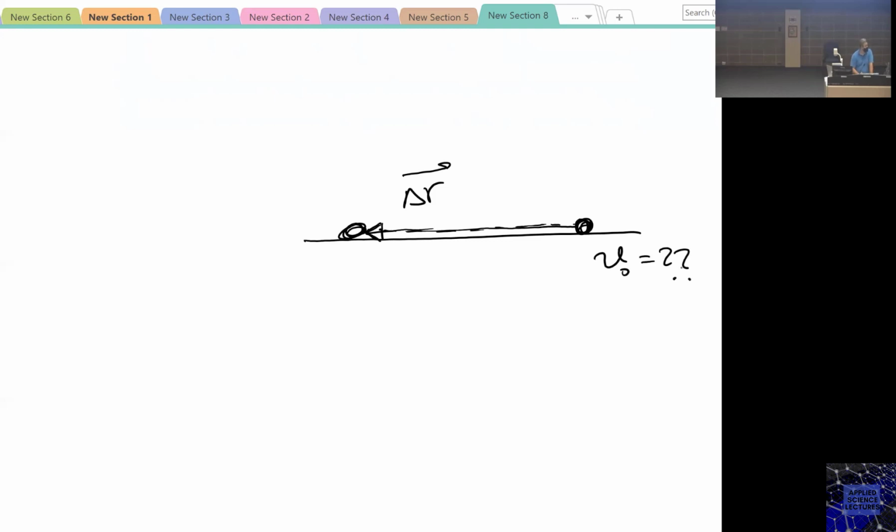But what I do know is the final velocity, which is 0, because he stopped. This is very important. That's why I said pay attention to the wording of the problem. He stopped, meaning that his speed is 0 right at the final destination.